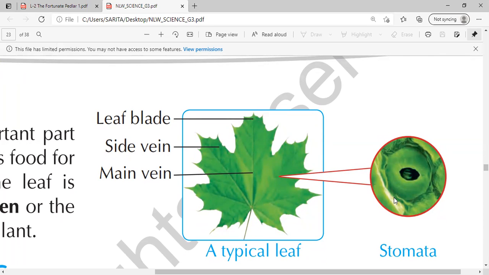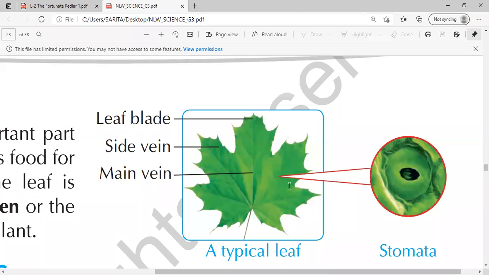This helps the leaf in the exchange of gases. Through these holes, a plant is able to breathe. All plants breathe through stomata, and stomata are tiny holes in the leaf.